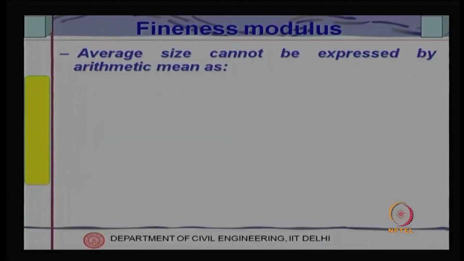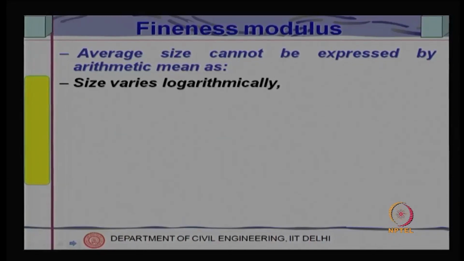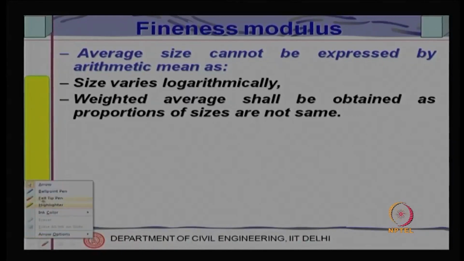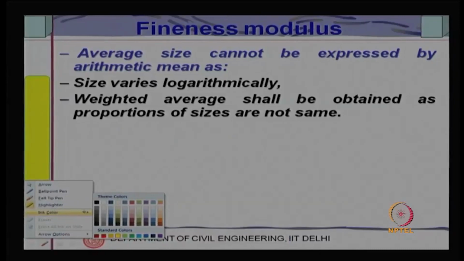First of all, average size cannot be expressed by arithmetic mean, because sizes vary logarithmically. Sieve sizes vary logarithmically. In other words, they vary in geometric proportion.